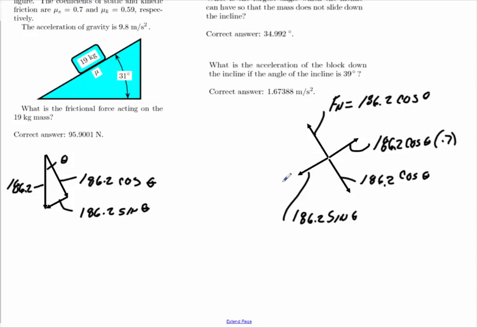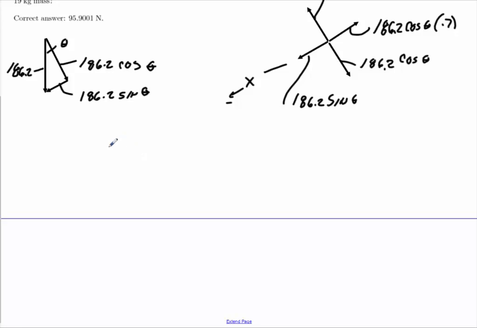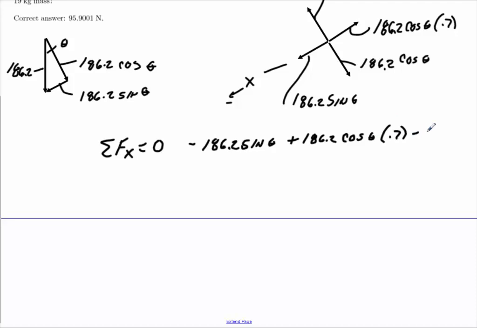Now, we're going to let this be our x-axis coming down, and we'll let anything coming down be negative. So, sum forces in the x direction, set them equal to 0, so it does not move. I will get minus 186.2 sine theta plus 186.2 cosine theta times 0.7 is equal to 0.